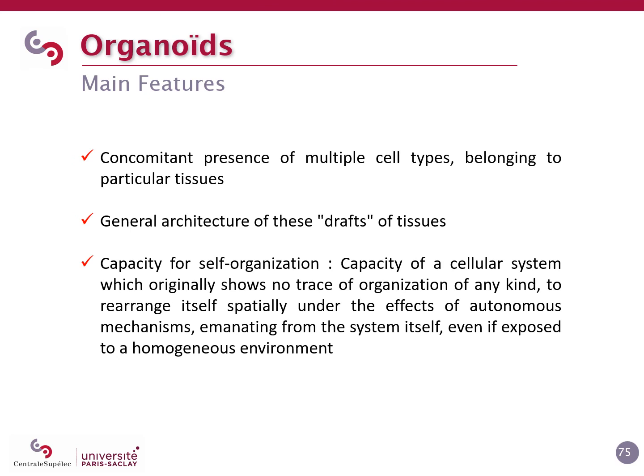The main features are the concomitant presence of multiple cell types belonging to particular tissues, the general architecture of these drafts of tissues, and the capacity for self-organization: the capacity of a cellular system, which originally shows no trace of organization of any kind, to rearrange itself spatially under the effect of autonomous mechanisms emanating from the system itself, even if exposed to a homogeneous environment.